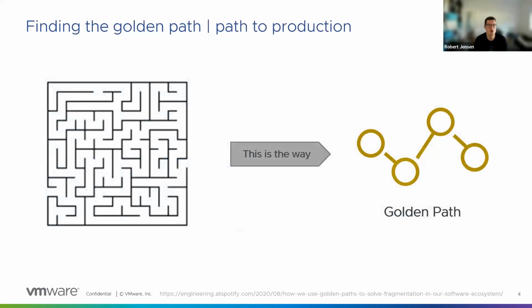So, Golden Path. What is that? The way I read it anyway, Golden Path was invented by Spotify. Back in 2014, as far as I can read, they had a hackathon, or they call it something else, Hack Week or something like that.